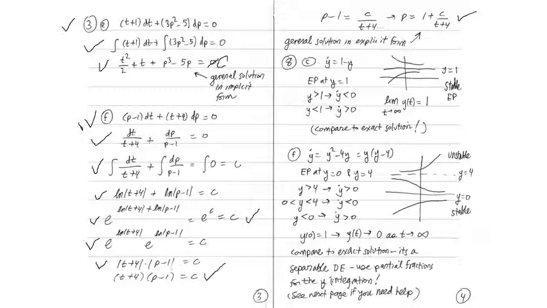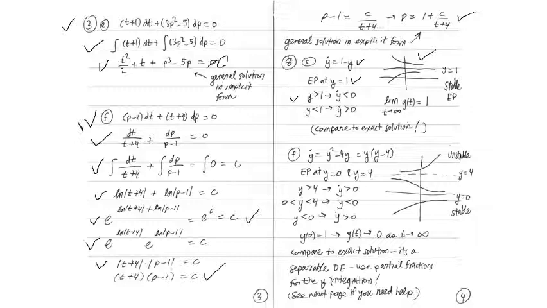And we want to investigate the stability of that equilibrium point. If y is greater than 1, looking at the right-hand side of this differential equation, it's easy to see that the derivative would be less than 0 in that case, which makes your solution decrease, the upper part of our graph.